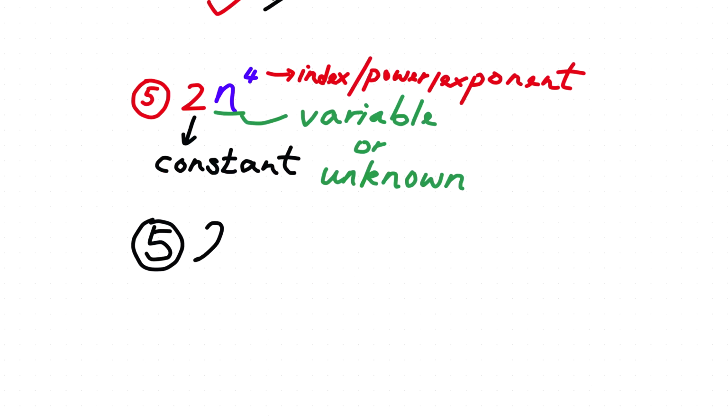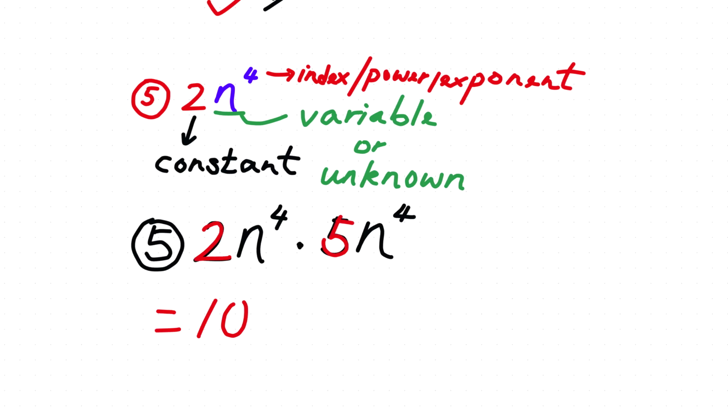2n to the 4th power times 5n to the 4th power. So how do we calculate? First, we will multiply the red color, the constants, together. 2 times 5 is 10. And then we deal with the black color one, the unknown one. n to the 4th power, n to the 4th power.